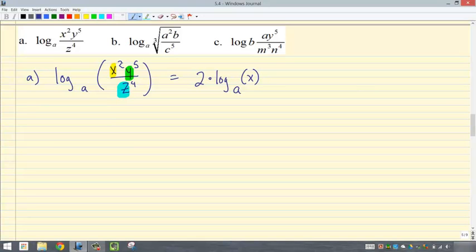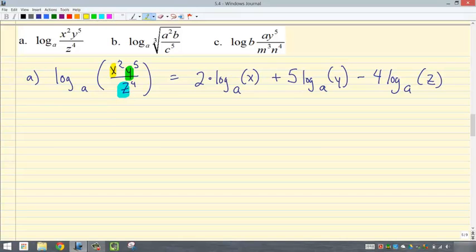So we use the power rule to move the 2 down in front, and then the next thing we're going to do is move on to the y, and so we have to use the product rule. So this is x times y, so we're going to put a plus here, 5 log base A of y, and then minus 4 log base A of z.